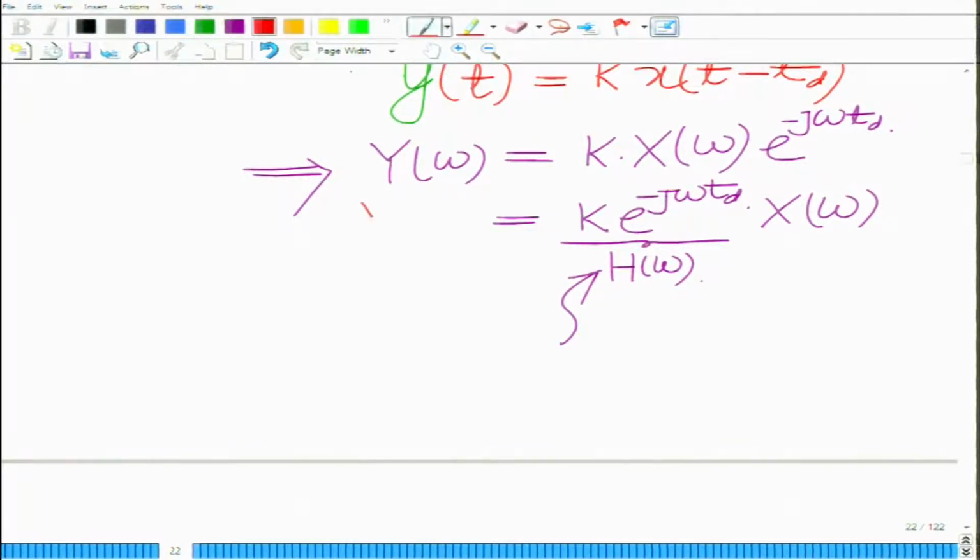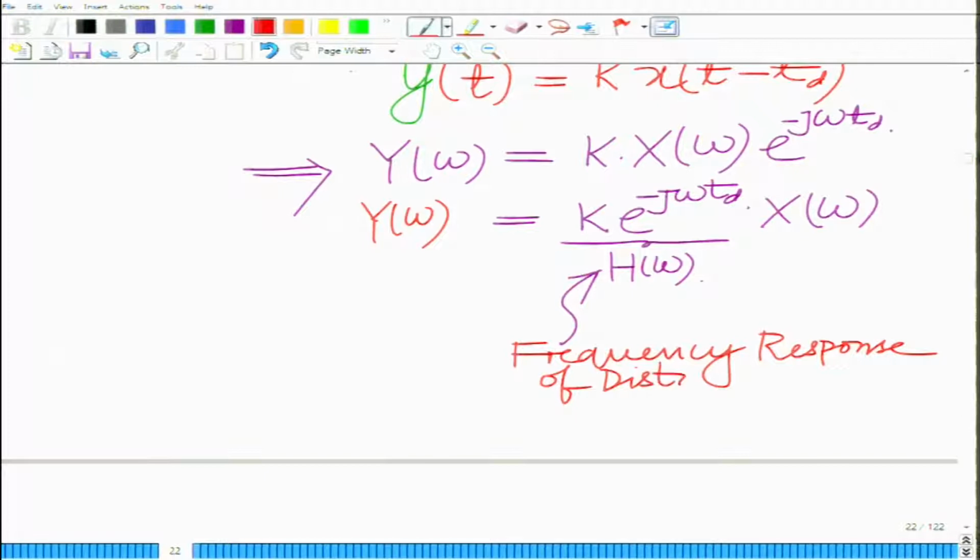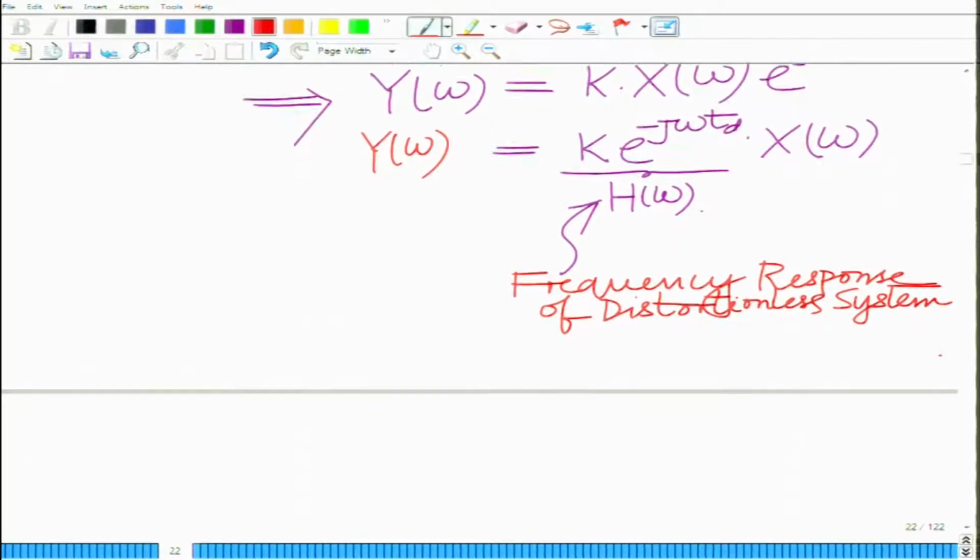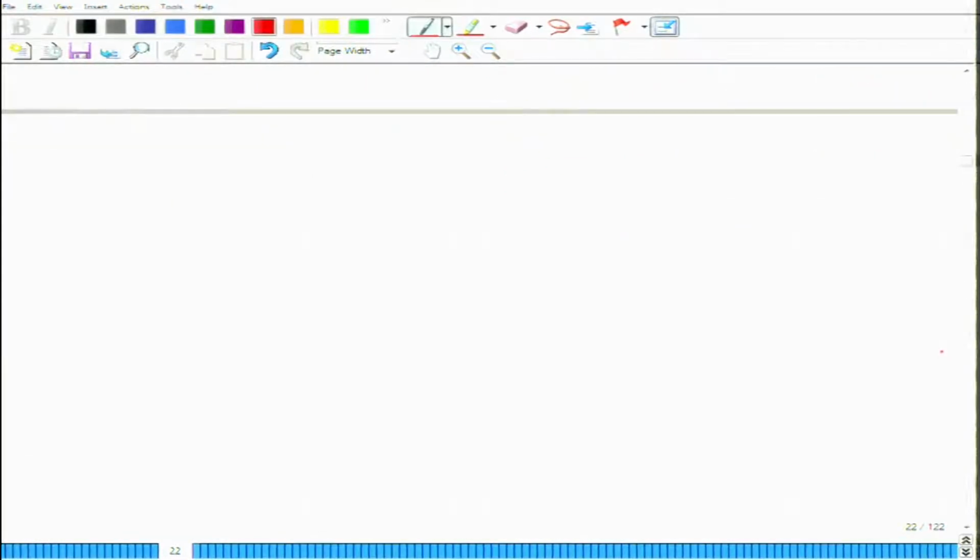So, we can characterize it, since the Fourier transform of the output is the frequency response of the system times the Fourier transform of the input. We have H(omega) is k e raised to minus j omega t_d, which characterizes the frequency response of this distortionless system.